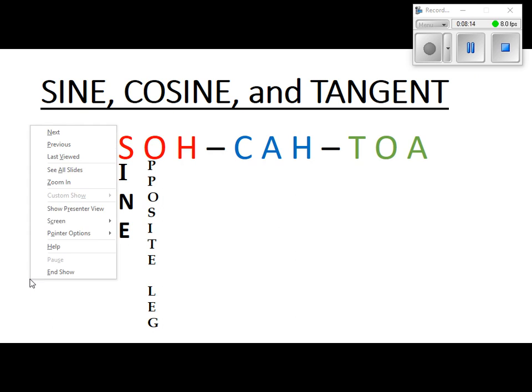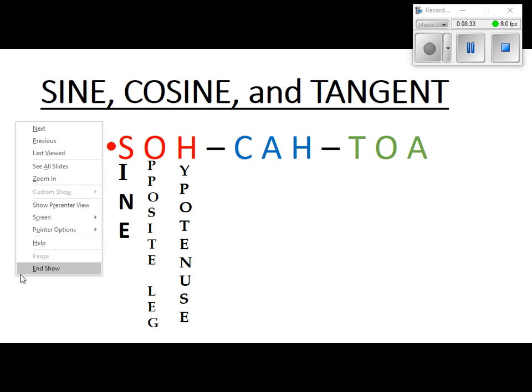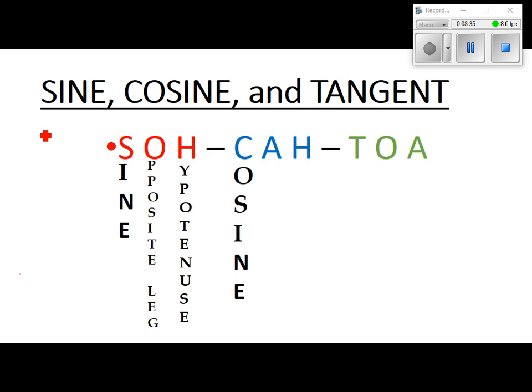Anybody have a guess what H stands for? Over hypotenuse. Opposite leg over hypotenuse. The C part. The C stands for cosine. That's another trig ratio.